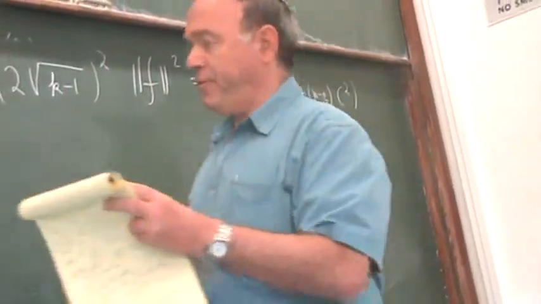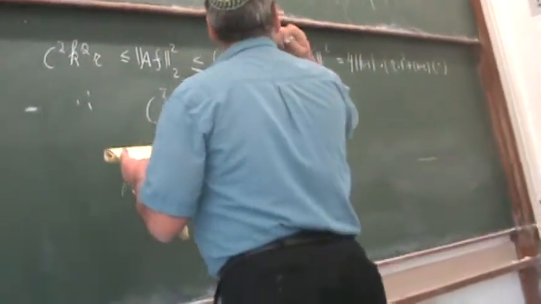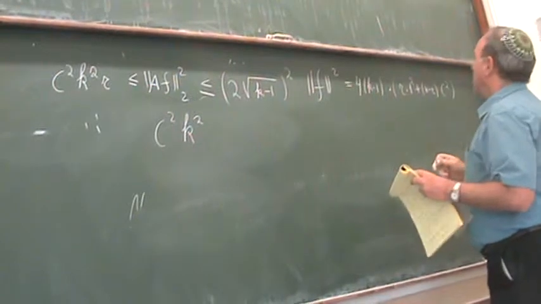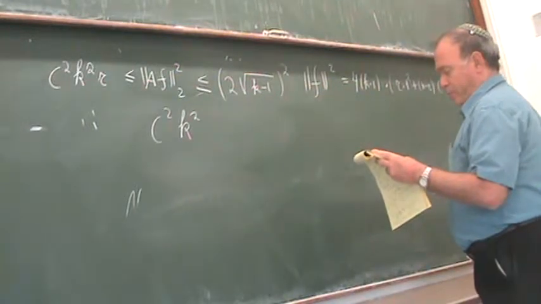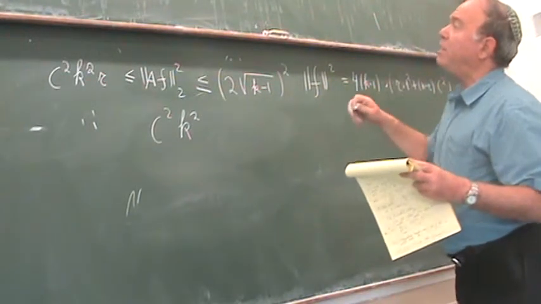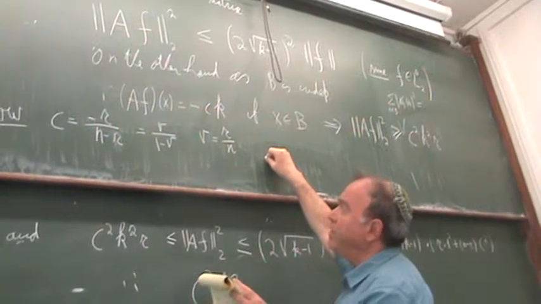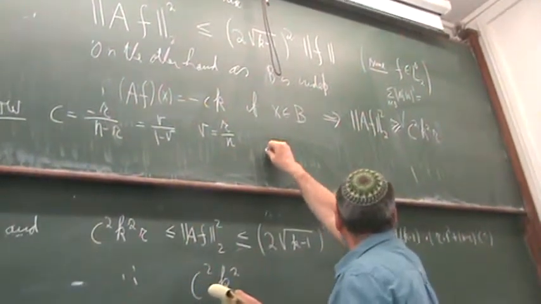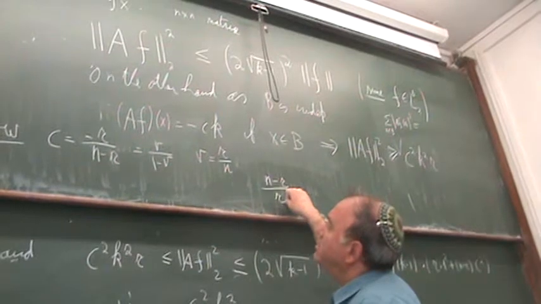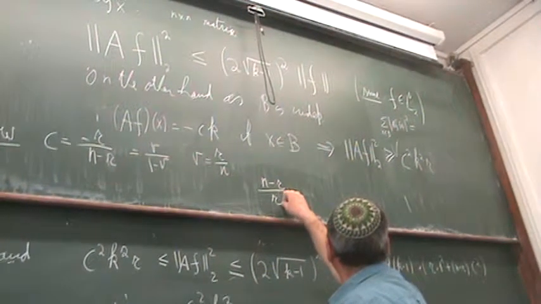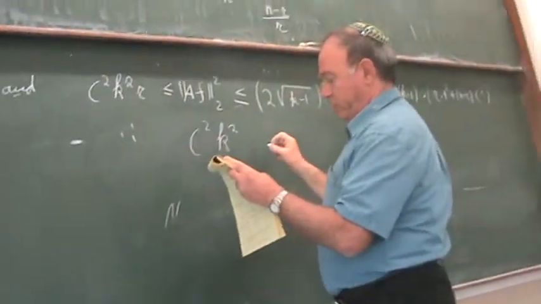Okay, and therefore we get C squared k squared R. N minus R, N, V equals N, I can cancel R, but I want to say N minus R divided by R, this is minus C. I'll tell you what is written here, and then we'll try to justify it.